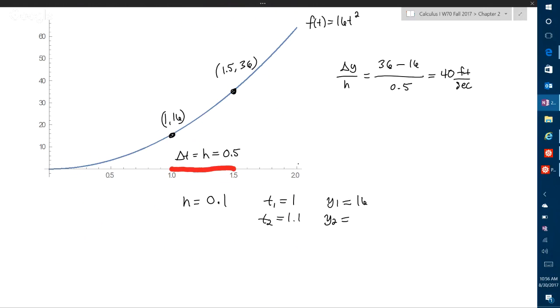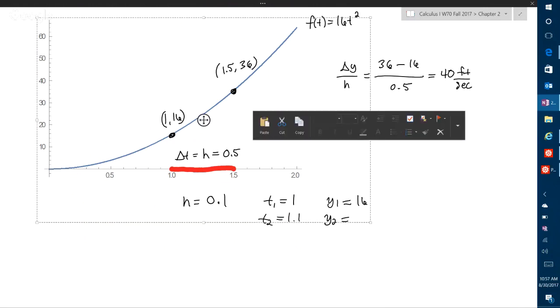And let's see what that gives us. Yeah, 19.36. You get a decimal, right? Since it's small, let's take the whole thing, 19.36.